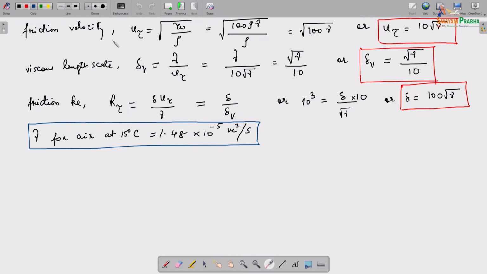And so then we come up and say friction velocity. So, this is for the specific inertial subrange, right.